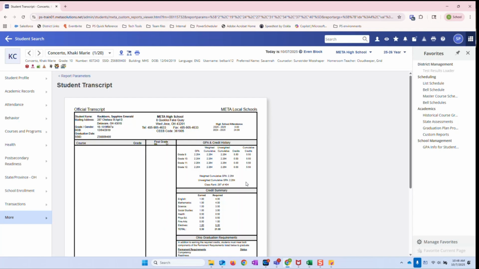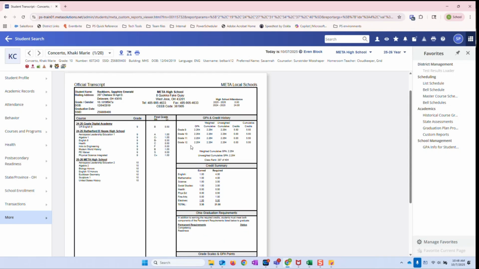I just wanted to point out that on the student's transcript, this is just one more place that the GPA calculation is very important, not only for giving a student their transcript throughout their high school years, but of course, toward the end of their high school career, when they need it for a job or college applications is the most obvious use of this. You want these calculations to be correct. And so again, their cumulative and unweighted cumulative are the same.